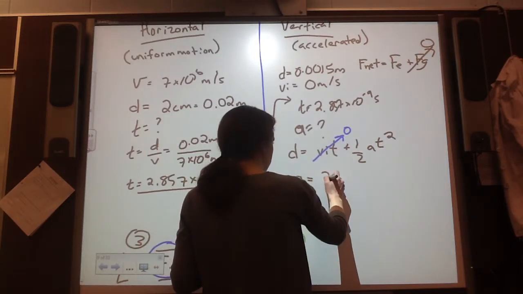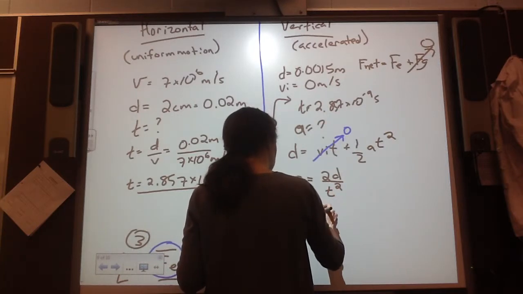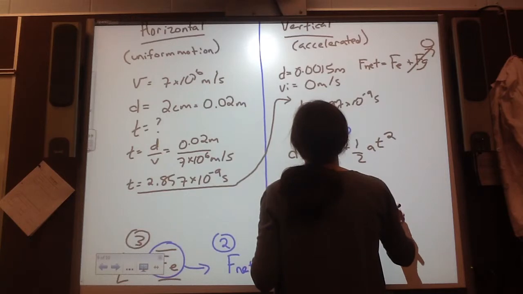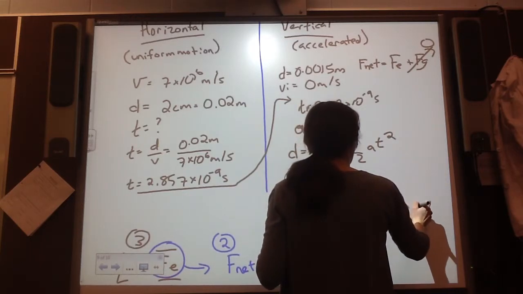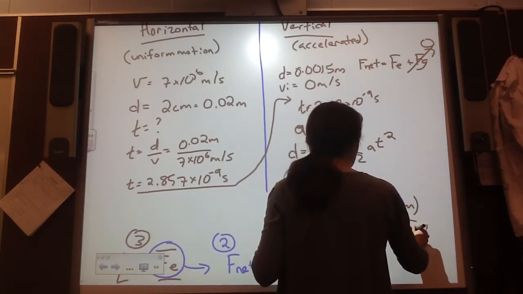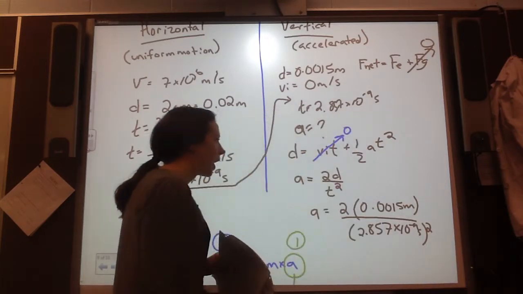So a is equal to 2d over t squared. So 2 multiplied by 0.0015 meters, all divided by 2.857 times 10 to the negative 9. Make sure that t is squared, that you square that bottom fraction.